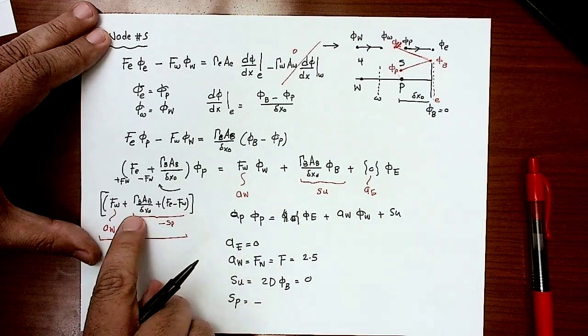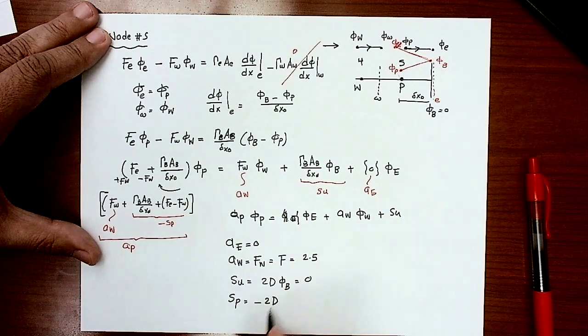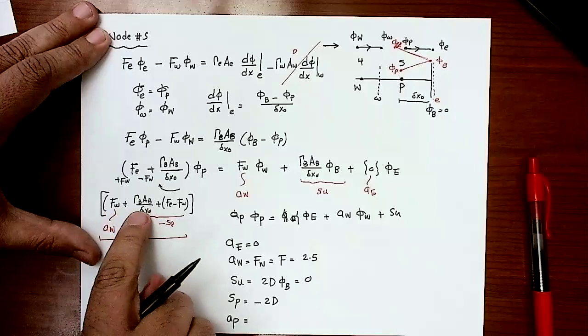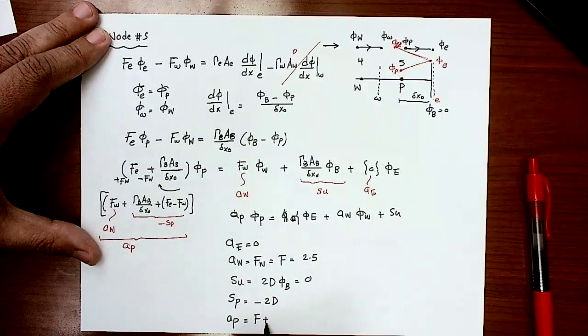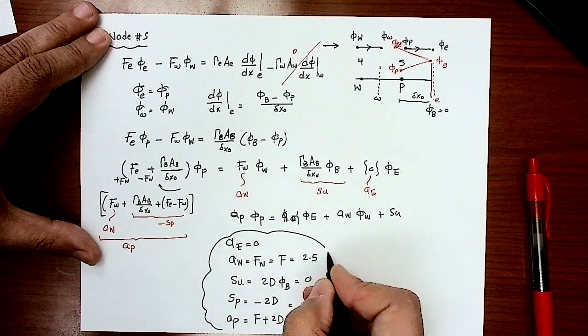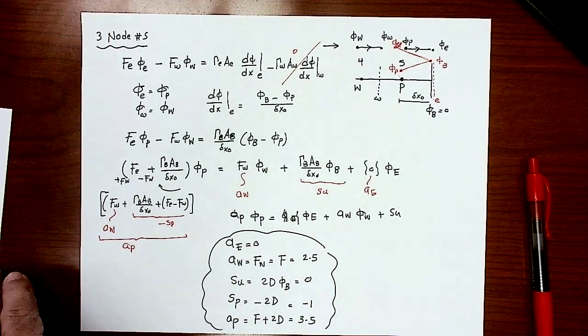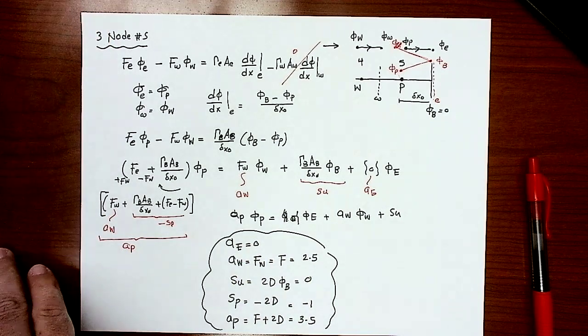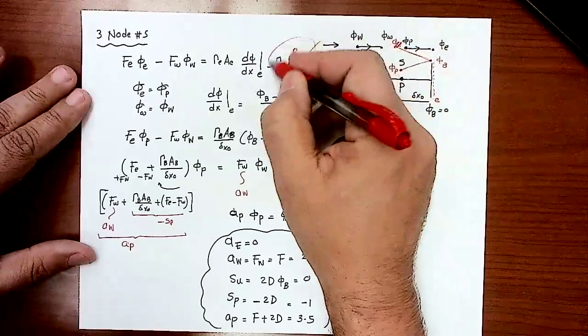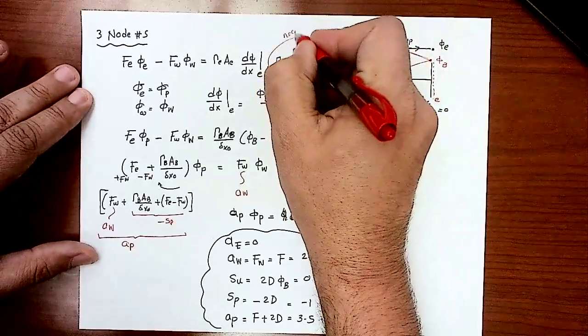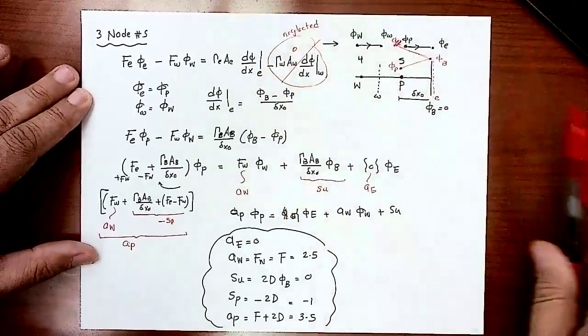This is 0, and this will be 2D, so it's going to be minus 2D. And the AP will be simply F plus 2D. As a value, this will be minus 1, and as a value here, this will be 3.5. So these are the governing equations using the hybrid upwind scheme. The only new stuff here is the neglected diffusion. That's the new thing here.